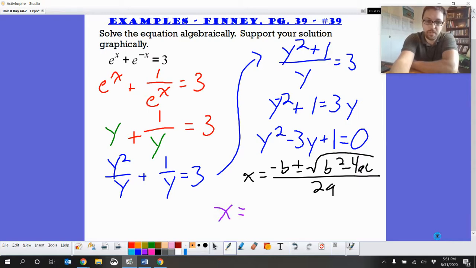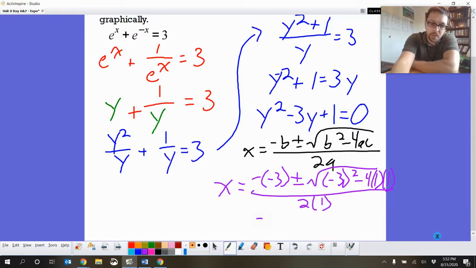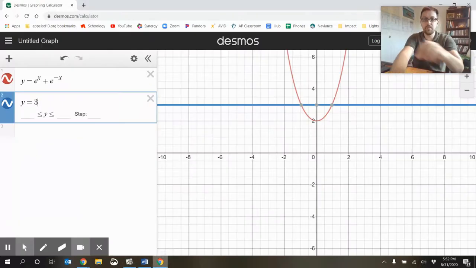So plugging stuff in, 4 times 1 times 1 all over 2a. So that's 2 times 1. So we get 3 plus or minus the square root of 9 minus 4, which is 5, all over 2. So let's go to our calculator, type that in.